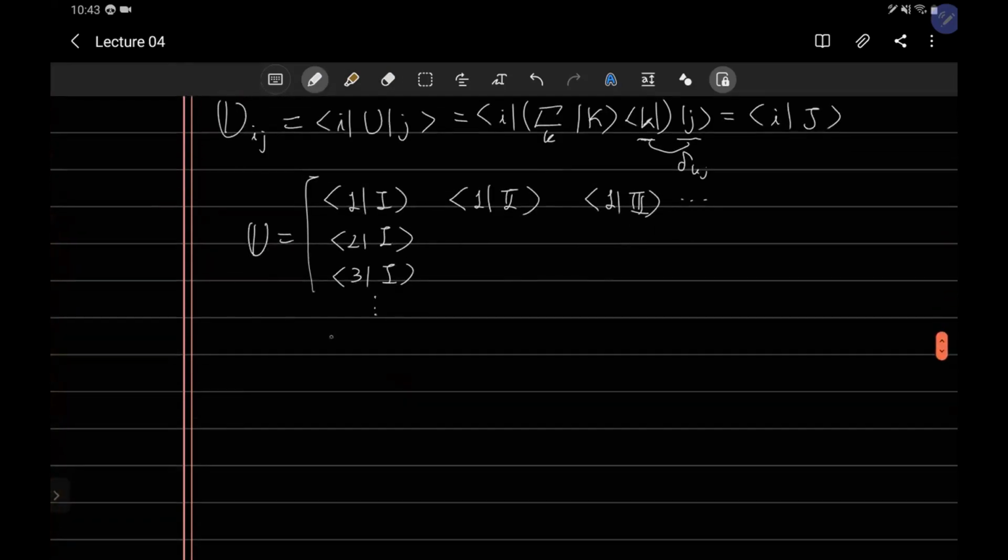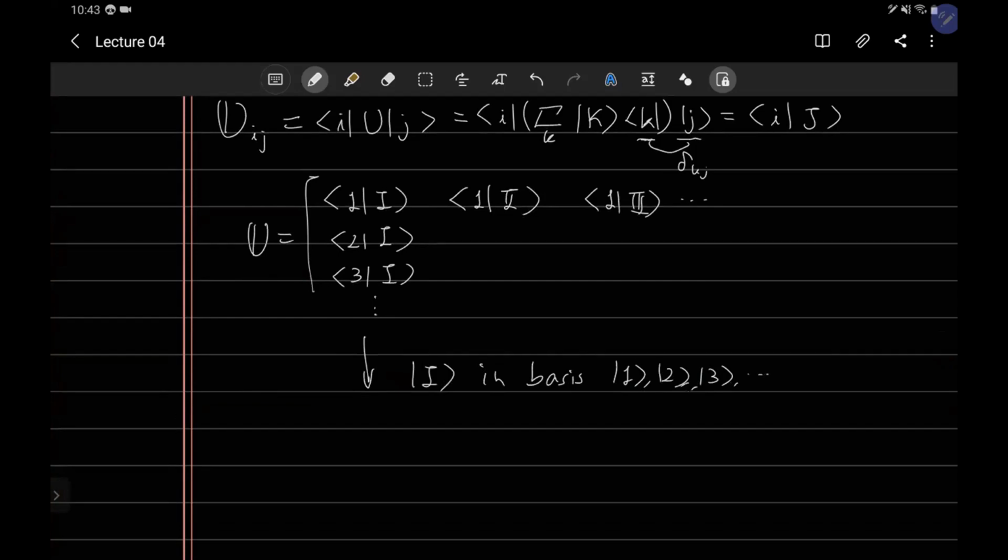And if we think about what this column represents, it is the vector representation of the new basis vector I in the old basis, 1, 2, 3 in the Arabic numbered basis.